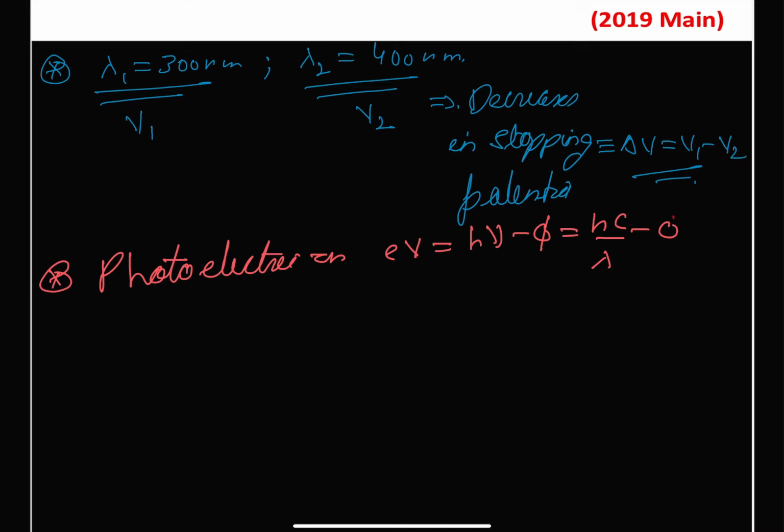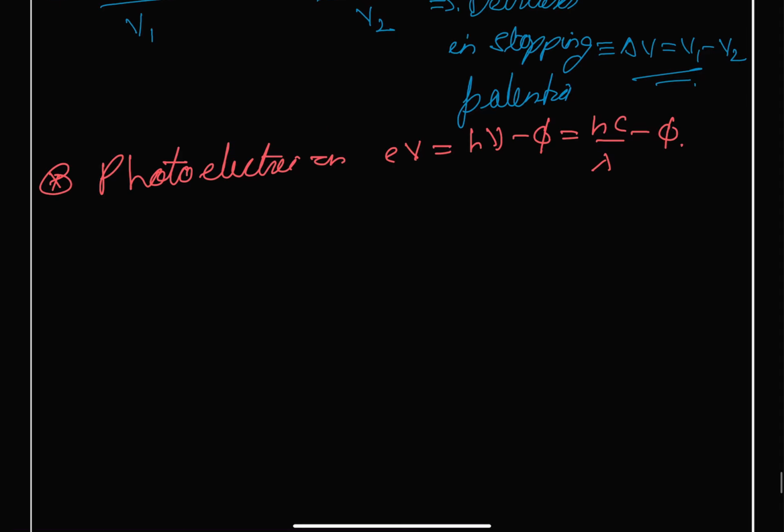And we can write that our stopping potential V will be equal to HC upon E lambda minus phi upon E. So we have two potentials.